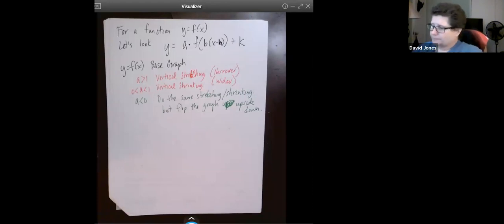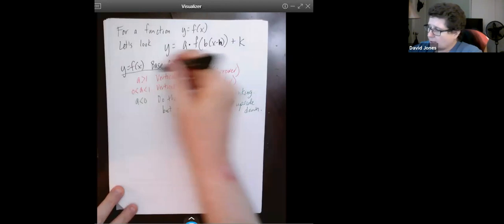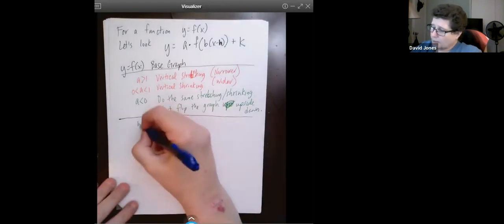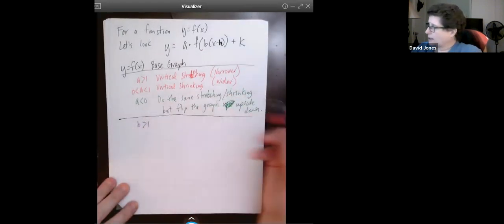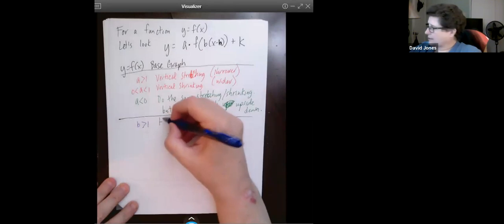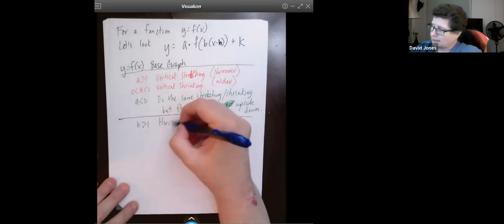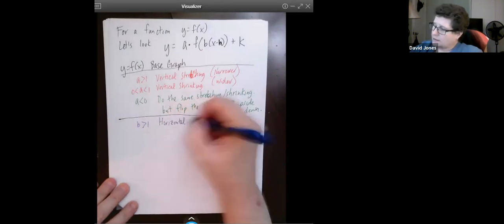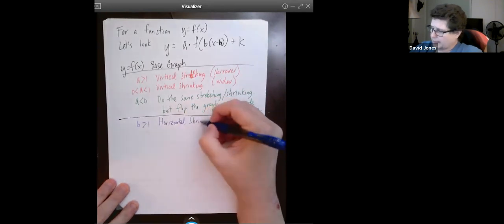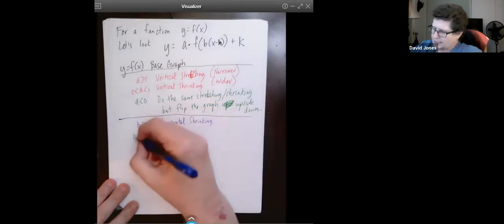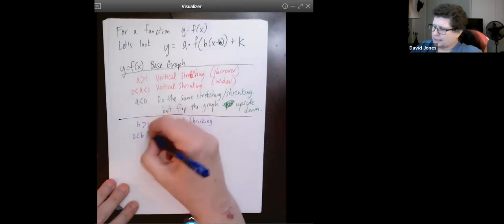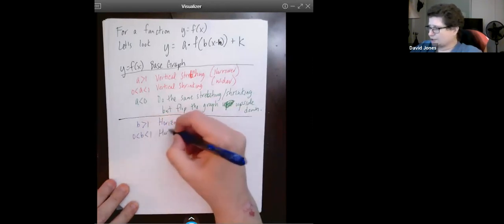That's a. What b does: if b is greater than 1, it's horizontal shrinking. And if b is between 0 and 1, we have horizontal stretching.